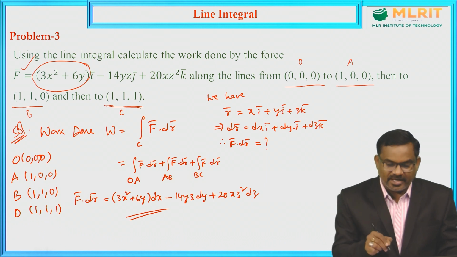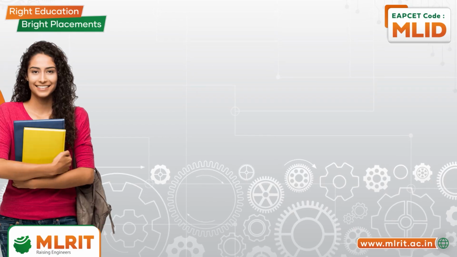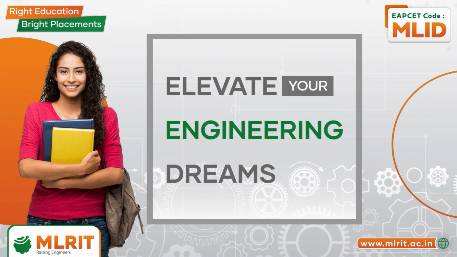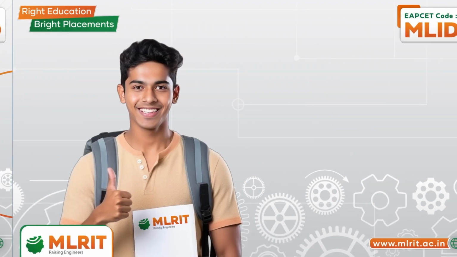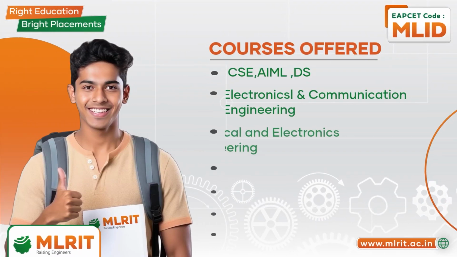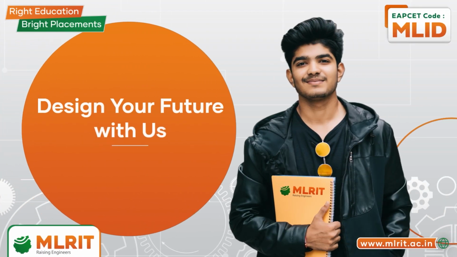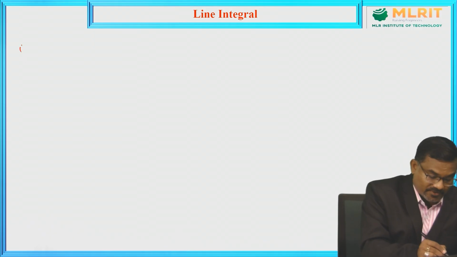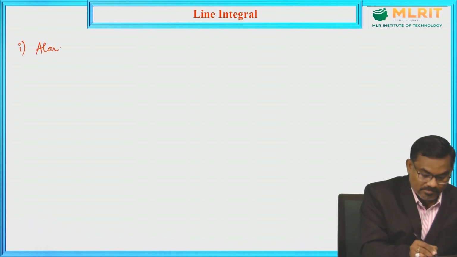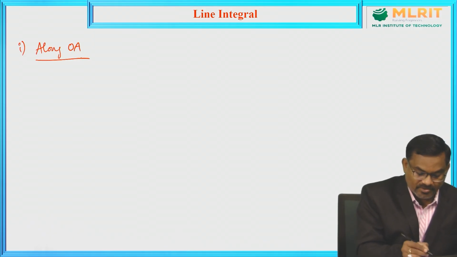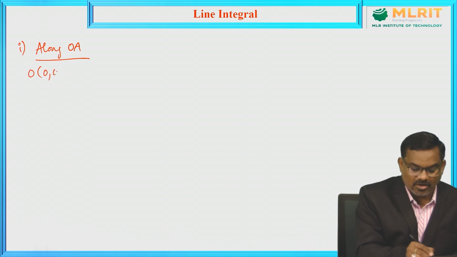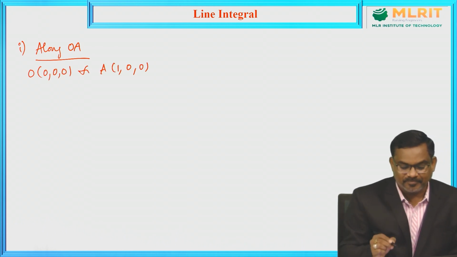Now we need to integrate this along the three lines. So let us start with the first one, along OA. What are the points here? The origin, and A is 1, 0, 0.